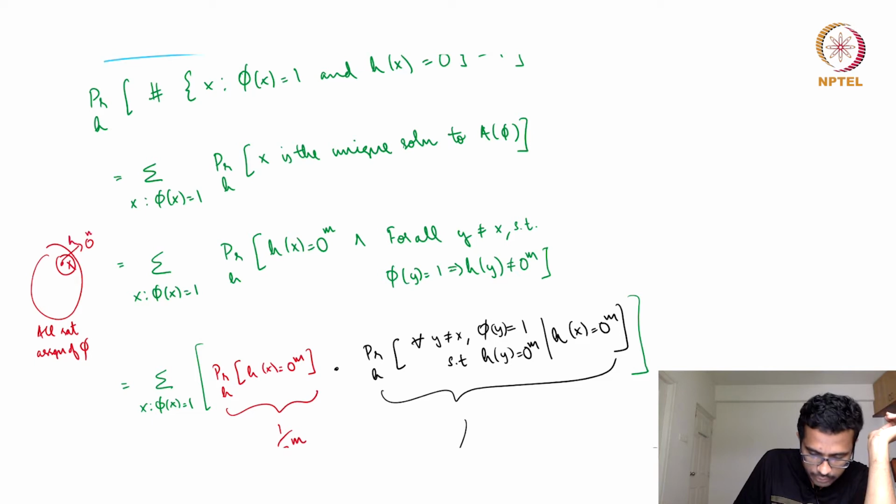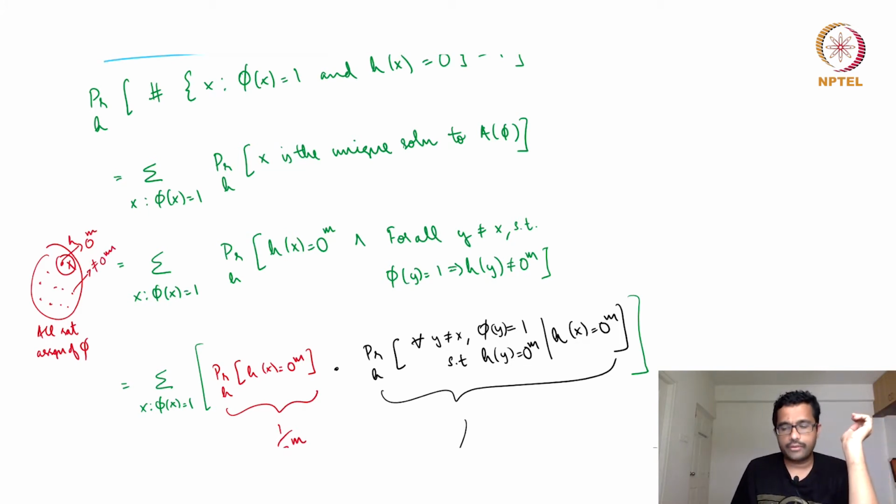H should map this to all zeros. Everything else should not map to all zeros, which is what I have written here. For all the y that is not x, if it is satisfying phi, then h of y should not be all zeros.